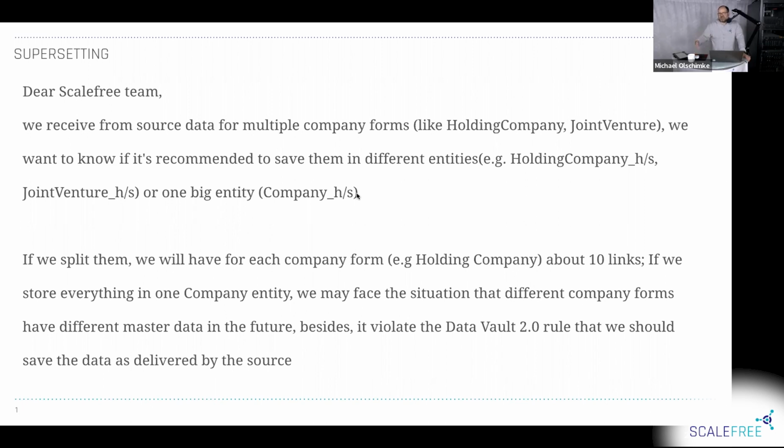But I don't like to denormalize data from the source system. I need to have a reason for that. Given that fact, I typically create one satellite per source table. So that's what I would do here as well: one hub, a couple of satellites, one satellite per source table. And with that, you should be able to reconstruct the original delivery, actually.